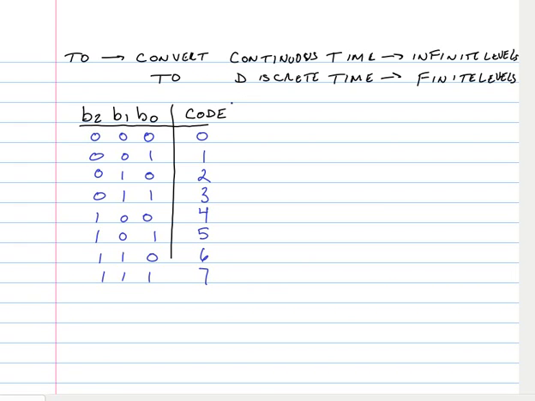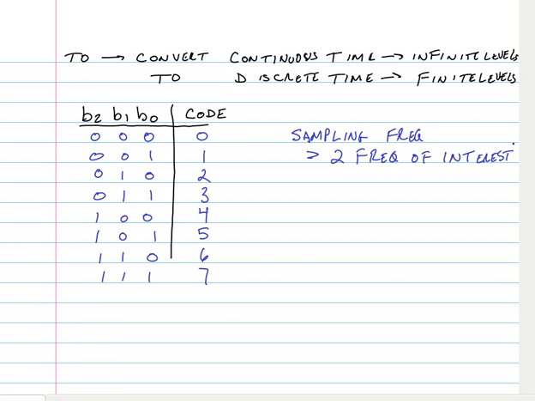So let's look at a continuous time signal and see how we might convert it into a digital signal. Now, one thing to note is that when we're converting from continuous to discrete time, the sampling frequency must be greater than twice the maximum frequency of interest.